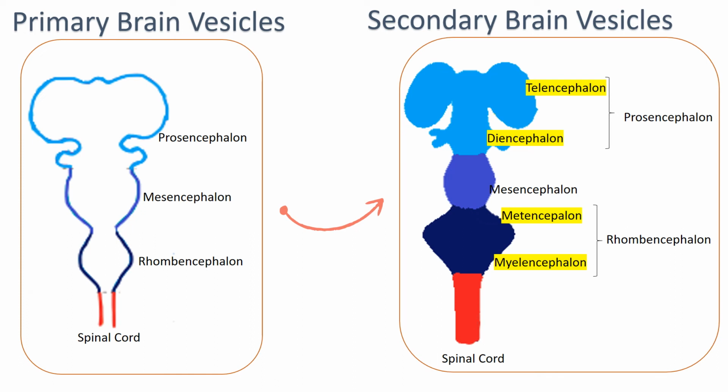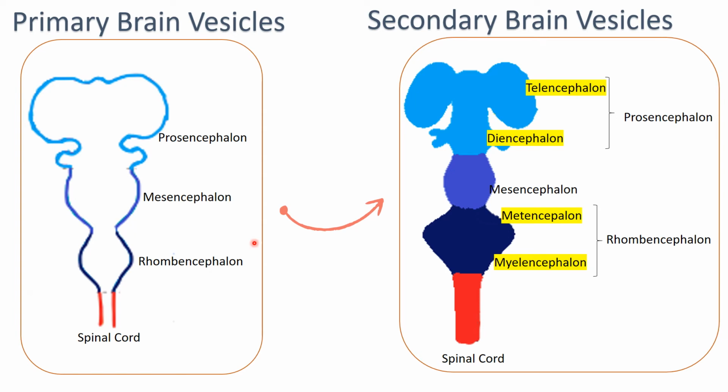So these 3 primary brain vesicles develop in the cranial end of the neural tube as the prosencephalon, otherwise known as the forebrain, the mesencephalon, otherwise known as the midbrain, and the rhombencephalon, otherwise known as the hindbrain.